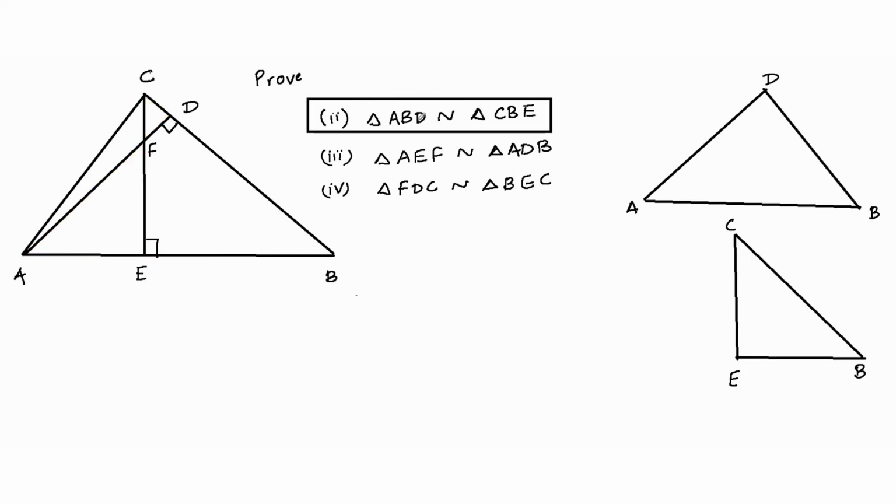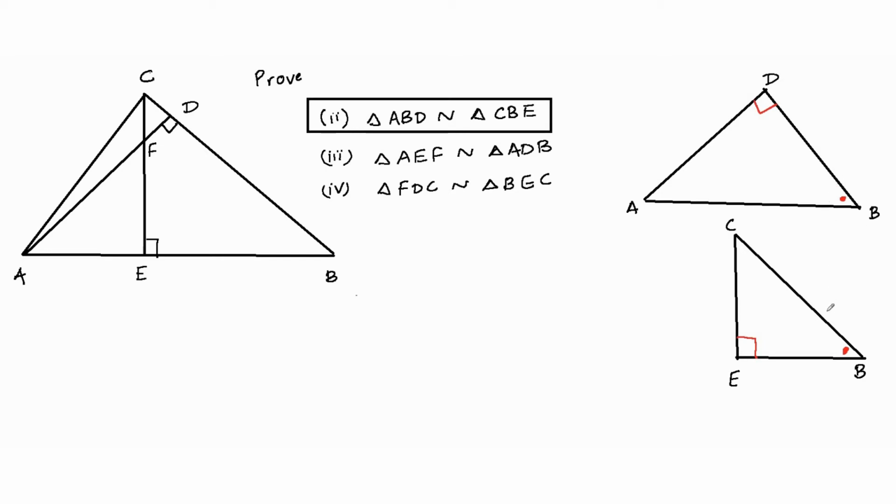So now we have to prove that triangle ABD is similar to triangle CBE. I have drawn these two triangle pairs separately, right? You will notice that every time I draw the figure, I keep the orientation exactly the same. So let us now consider which parts are equal. In these two triangles, angle D and angle E are both 90, so they are equal to each other. Similarly, angle B is equal in both the triangles. So again, by AA test, these two triangles are going to be similar to each other.